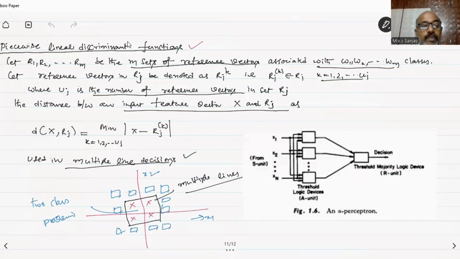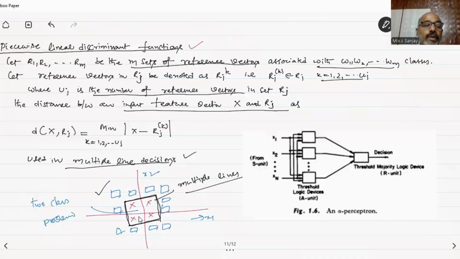We need multiple lines, multiple orientations, to make the classes very clear. Like here, there are two classes: crosses represent one class and rectangular boxes represent the other. We need four joint lines in order to separate these. So in this application, one can go for piecewise linear discriminant functions.